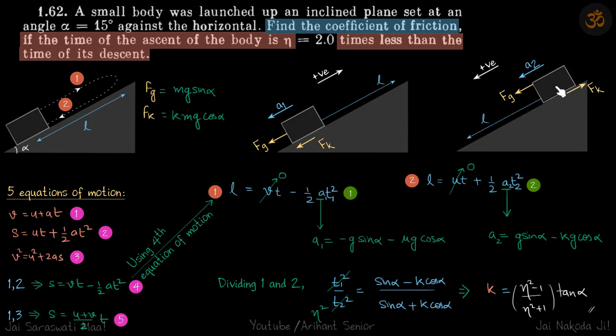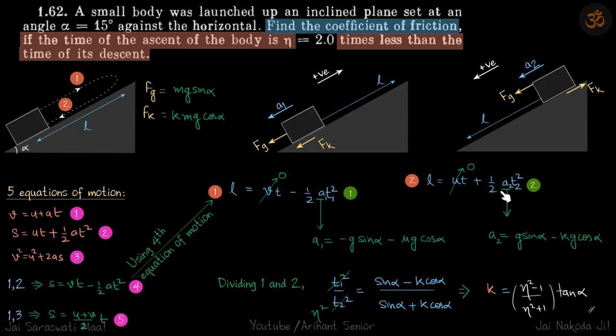Now when it's coming down, we are fine with u because u is 0. So we are going to use our second equation of motion: L is equal to ut plus half A2 T2 square. This time let's consider downwards as positive, so L again is positive. L is equal to half A2 into T2 square, and A2 will be (Fg minus Fk) by M, which is g sin alpha minus mu g cos alpha.